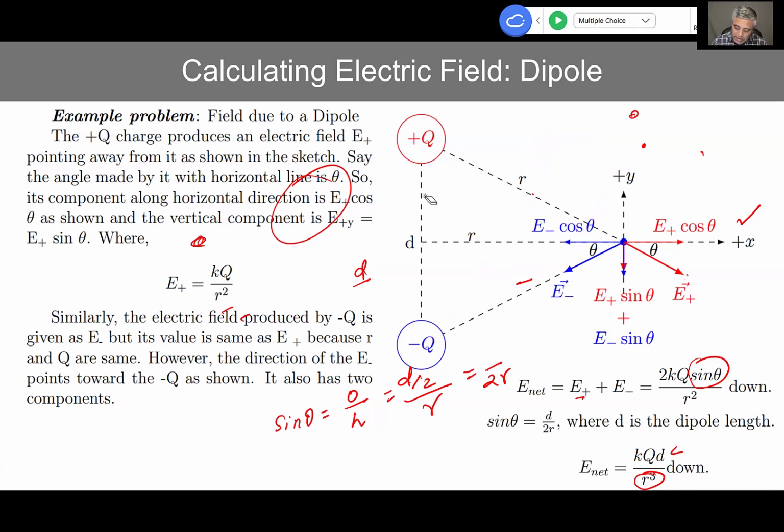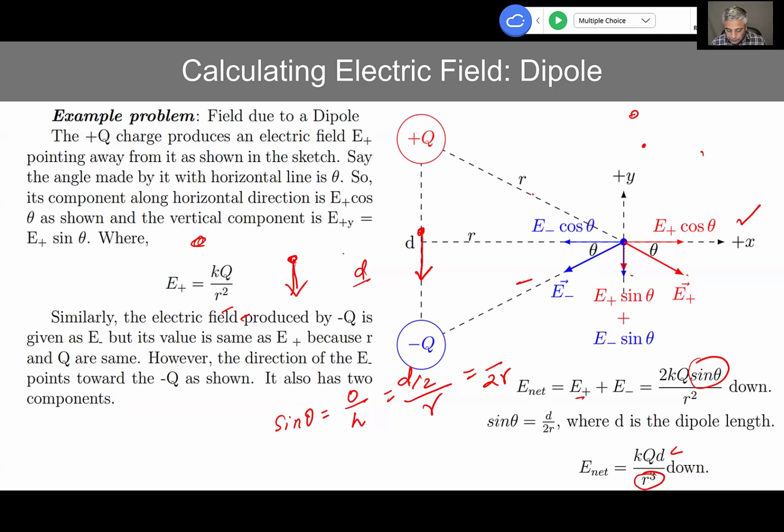Notice that the field due to the dipole at that point points towards the negative charge. If I look at here, it's going to be pointing that way as well.